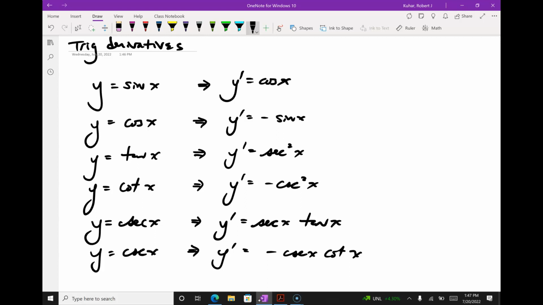So cosecant of x, negative cosecant cotangent. Oh yeah, it doesn't look that good. I know, I agree. Michael, what'd you say?